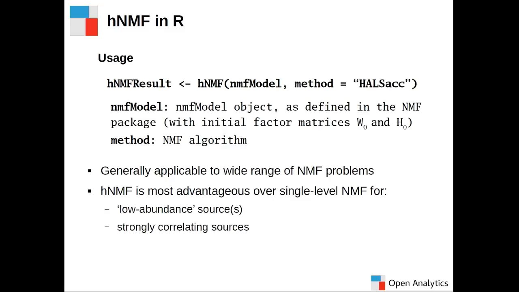And based on the dimensions of those factor matrices, you also automatically obtain the rank of your NMF analysis. And then you need to specify a method, which is the NMF algorithm. So you have the 2 algorithms that we have implemented, but you also have available all the NMF algorithms from the NMF package.